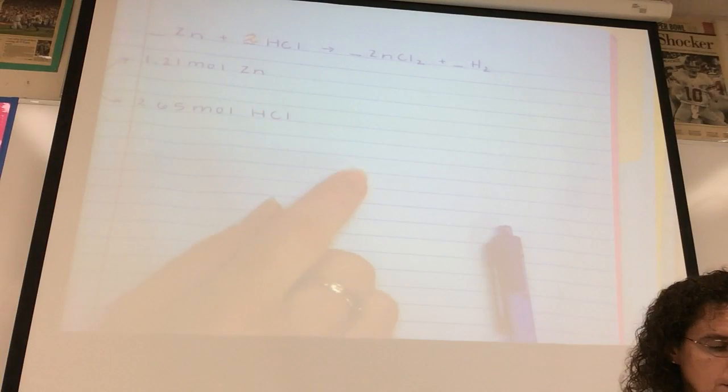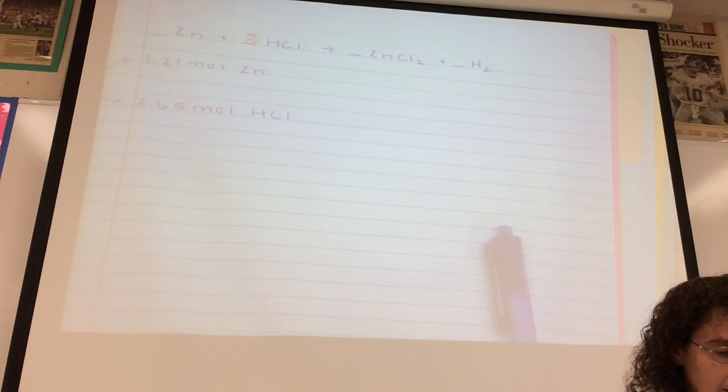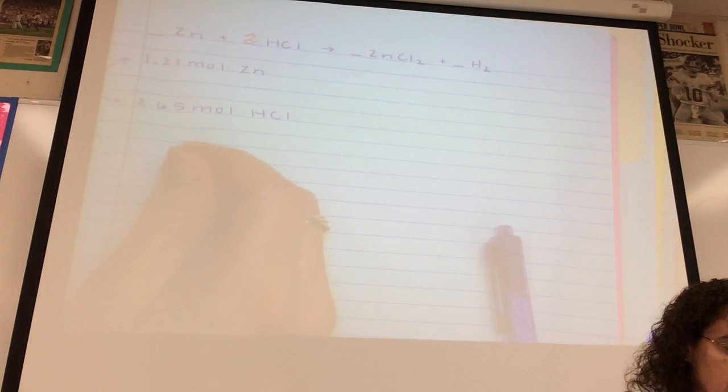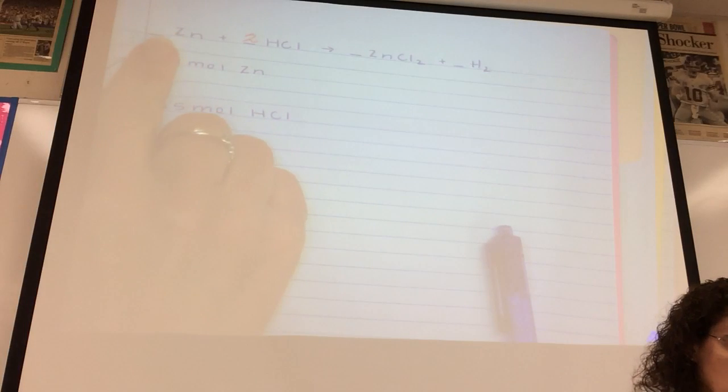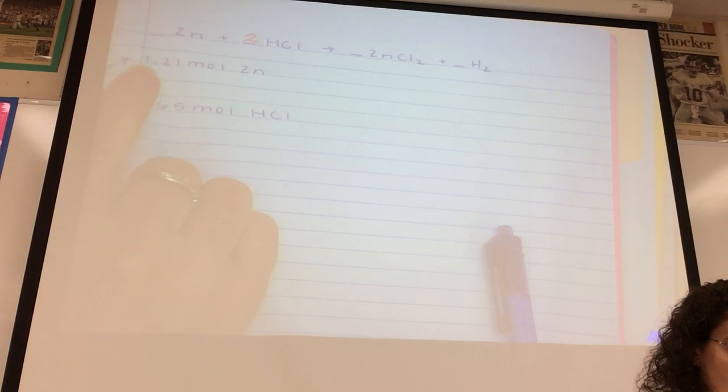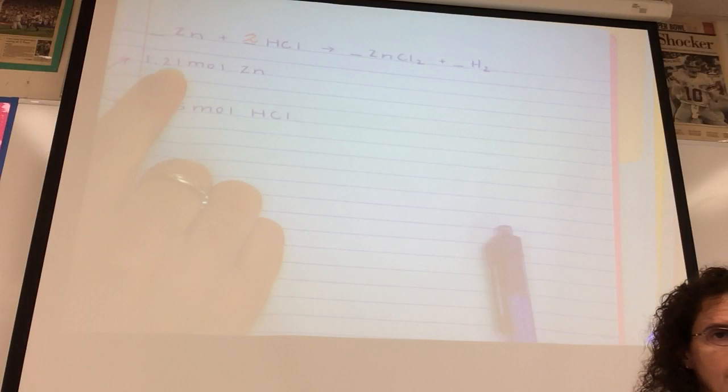So there are a couple ways to do this. I like to look at it and see if I can match that ratio, or is it less than or greater than? So I see a 1 to 2 mole ratio here. What is 2 times 1.21? 2.42.